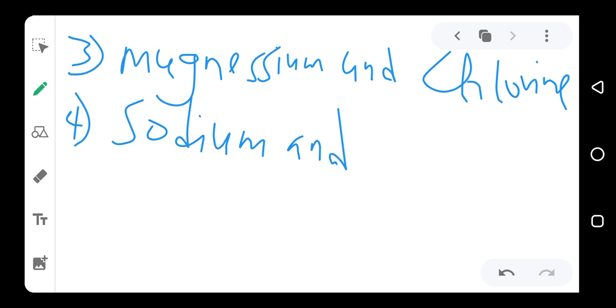When sodium is combined with fluorine, get the chemical formula.